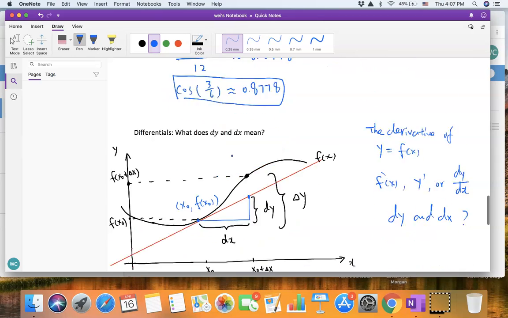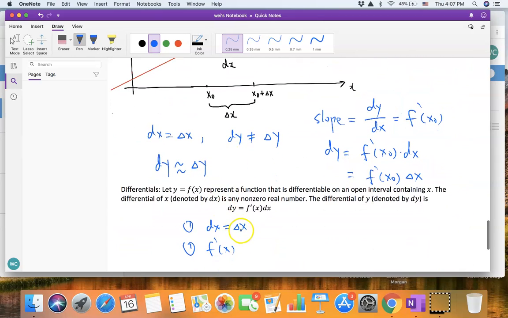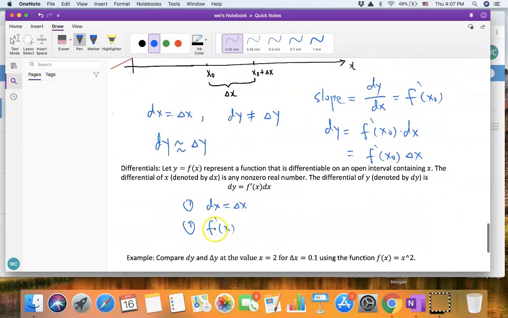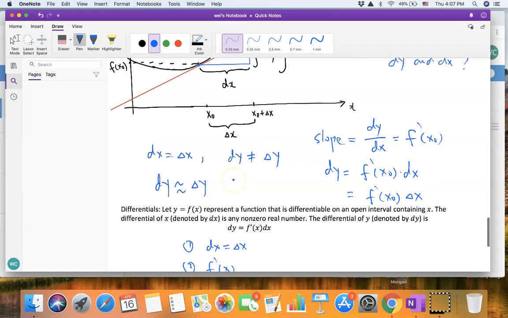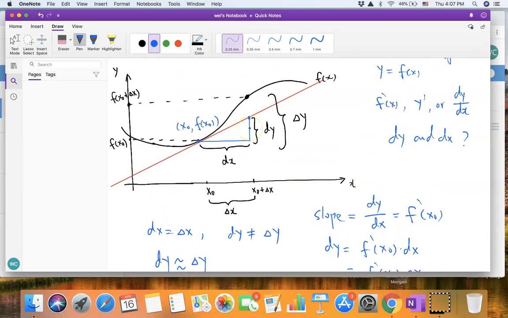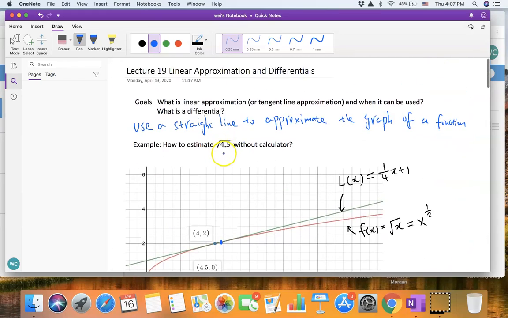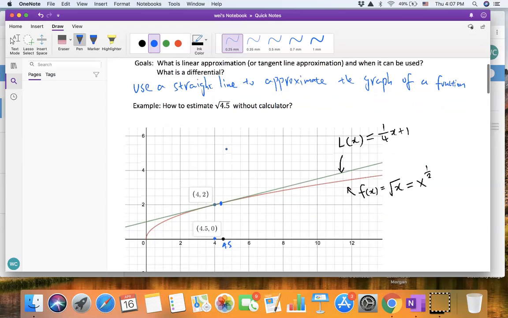So therefore, we can find delta x, and because we're given the function, we can find the derivative of the function at that easy point, when x equals 4. And once we found the two things, we found dy. So we found the approximation of the function when x equals this difficult number, 4.5.